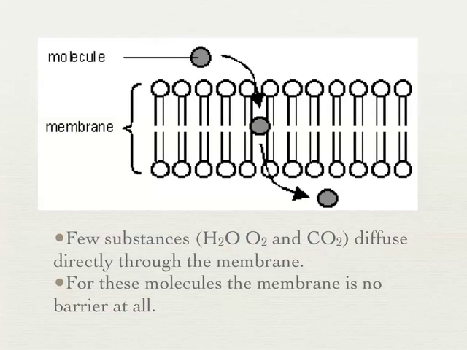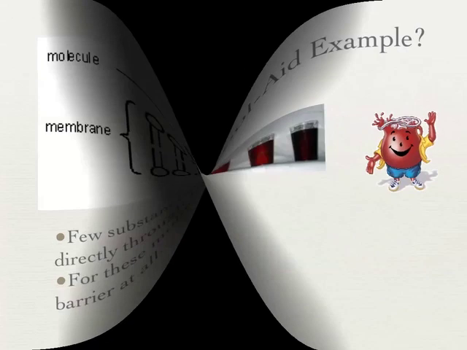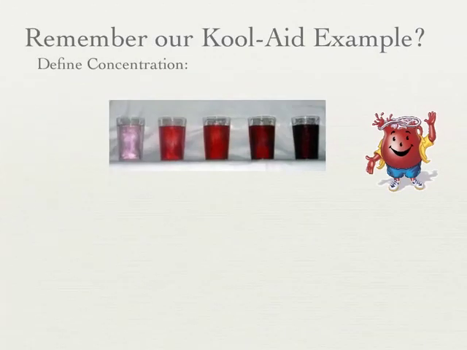But larger molecules, proteins and sugars and starches and carbohydrates, are too big to just slide right through. They often have to go through one of those proteins to get into the inside of the cell.